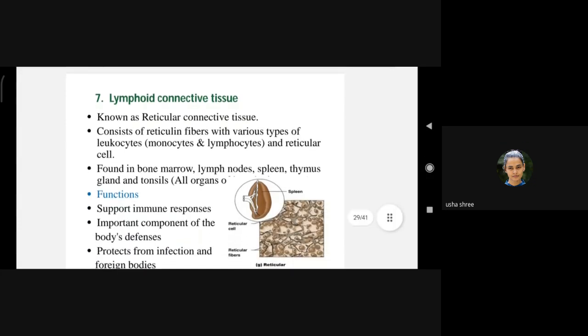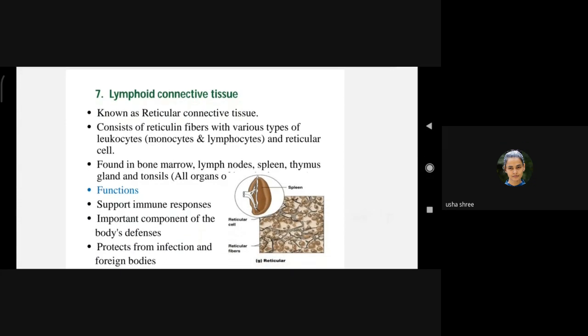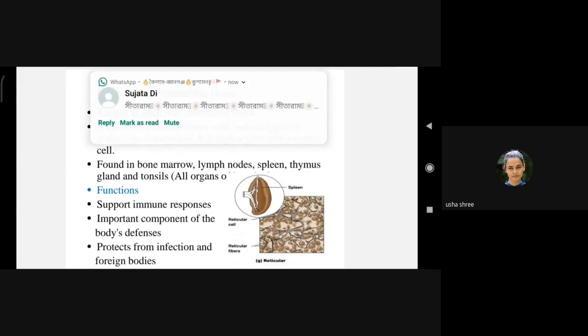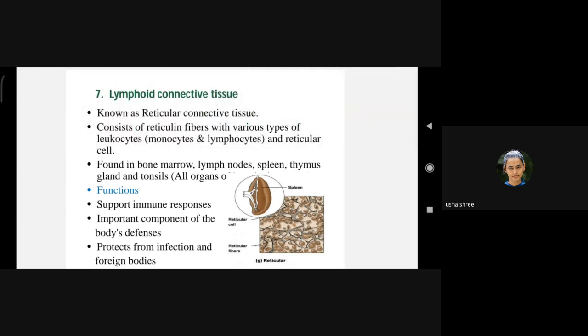Now, the next and last one is lymphoid connective tissue, known as reticular connective tissue. It consists of reticulin fibers with various types of leukocytes like monocytes, lymphocytes, and reticular cells. So, what are these leukocytes?